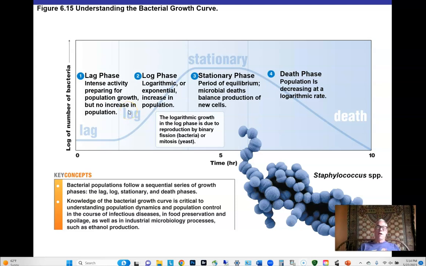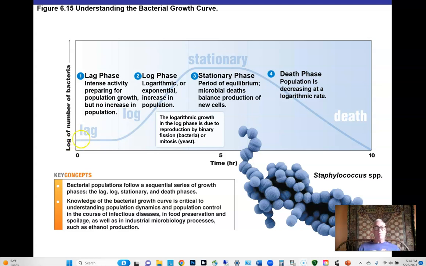This is an important graph right here, and it's kind of funny because it looks like they wrote in light, almost invisible colors and drew this line super dim as though it were almost superficial, but it's actually really, really important. What you're looking at is a graph of the log of the number of bacteria on the y-axis versus time on the x-axis, and we're going to inoculate some broth, say, with some bacteria.